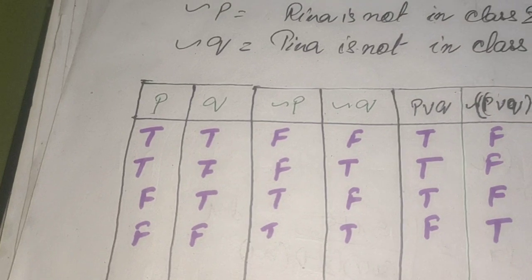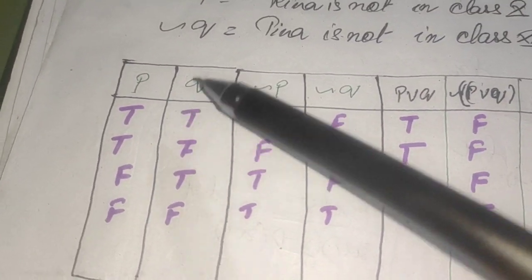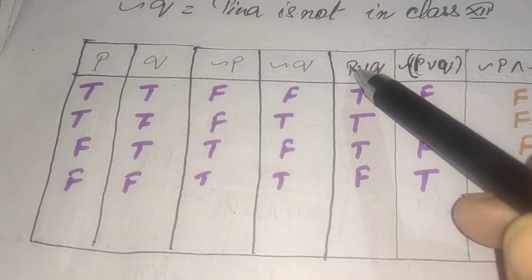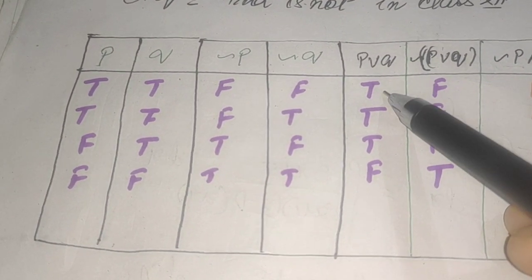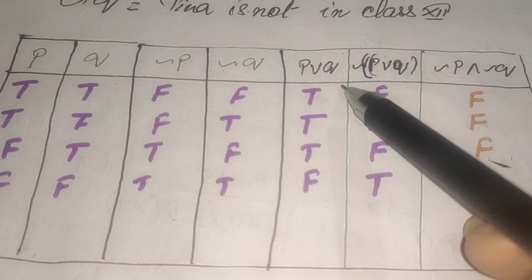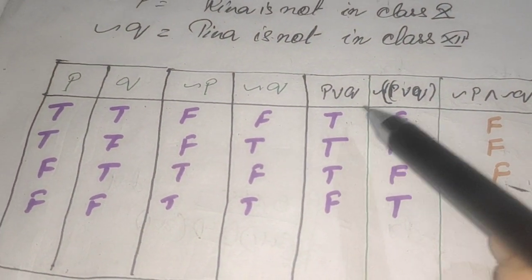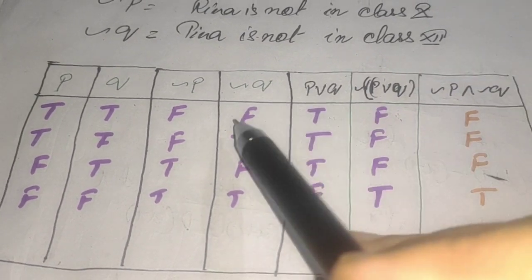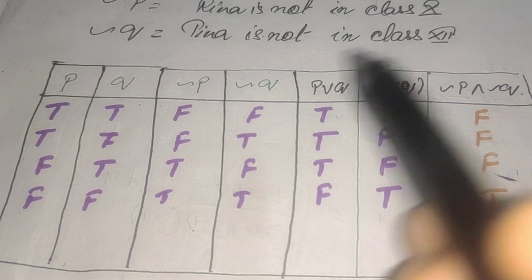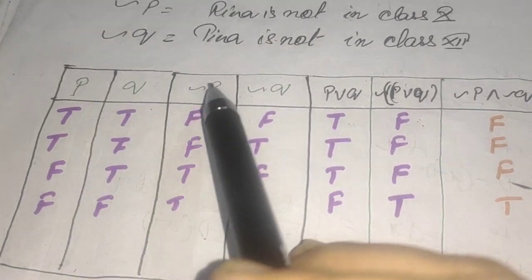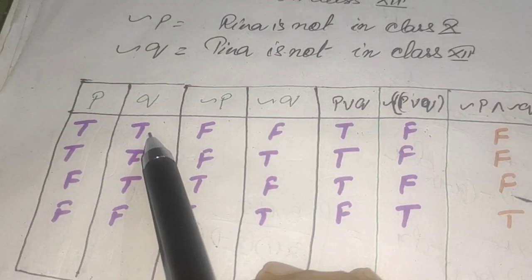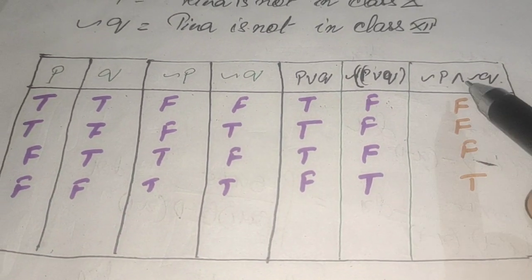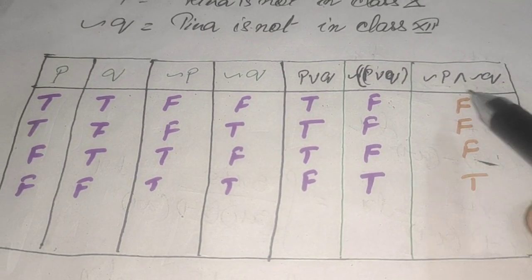Now let us write down the truth table. Suppose P is a statement which is true, Q is also true, then P or Q will be true, and negation of P or Q will be false, just opposite to P or Q. So what will be the negation of P and negation of Q? If P is true, then negation of P is false. If Q is true, negation of Q is false, then negation of P and negation of Q will be false.